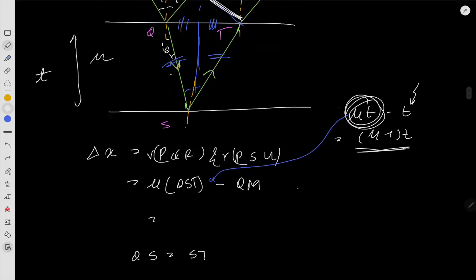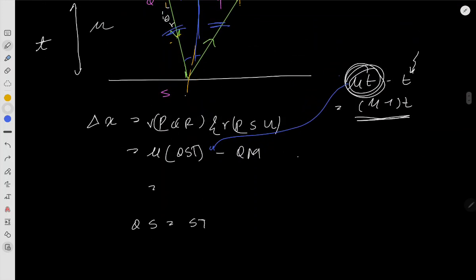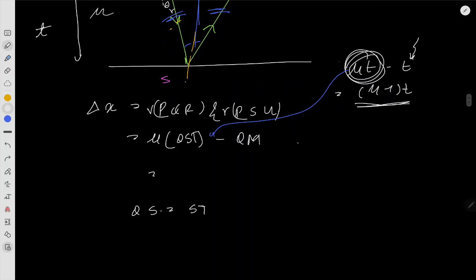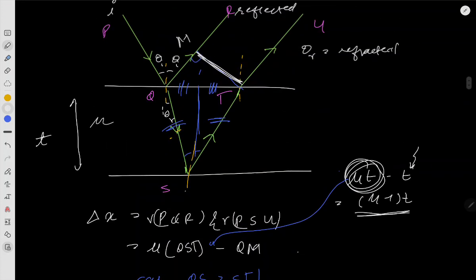And now we have to write QST. So it would be, I'll write it over here, QS equals ST equals mu into 2 times QS minus QM.